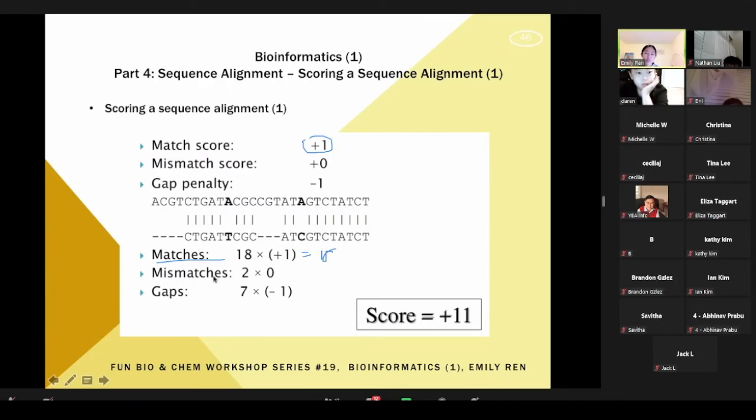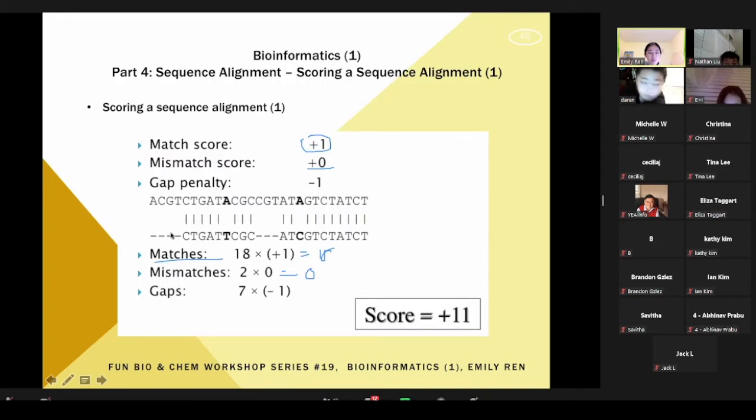And for mismatches, those are any two nucleotides that are in the same position but are different. So that's like A with T and A with C. So these two are different. That's why we count them as mismatches, and we multiply that by 0, which is the mismatch score in the scoring matrix. And we get 0.